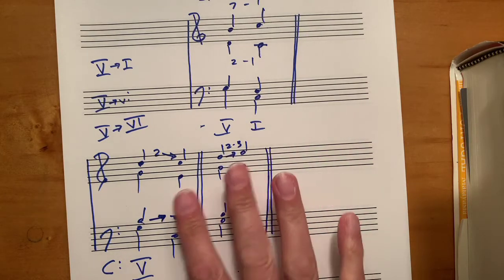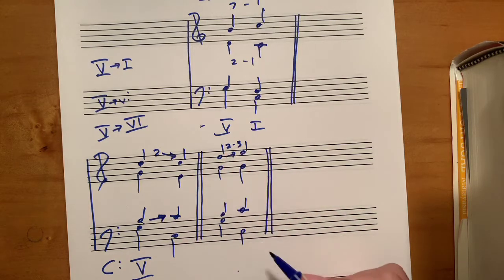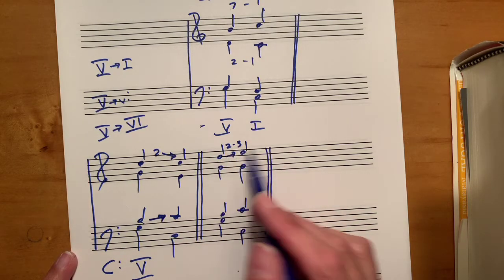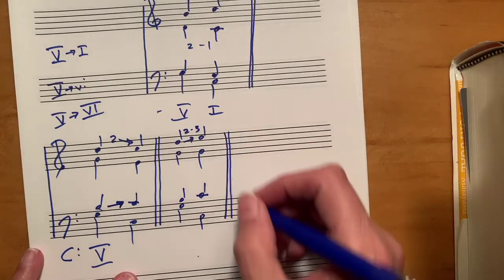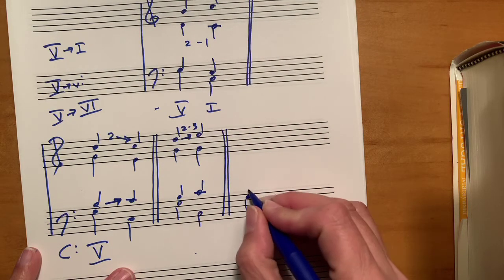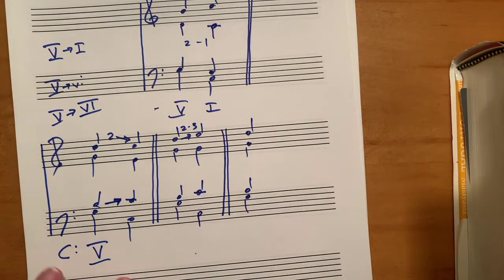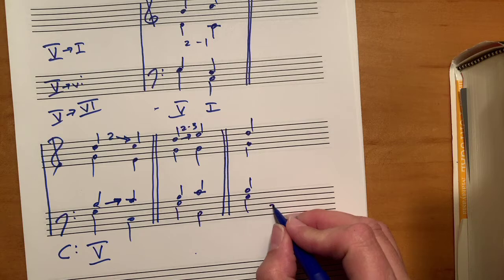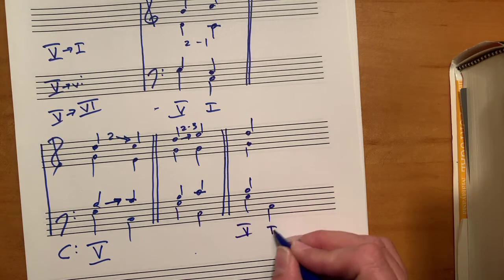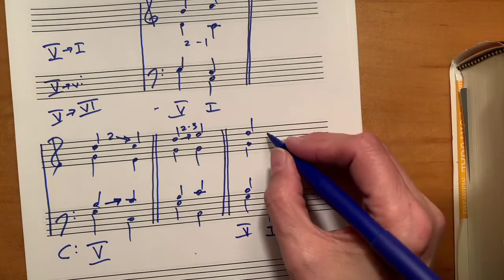And if we rearrange the voices, so this was in an inner voice, it wouldn't be very obvious that that happened. Now let's look at this. This is another option. Okay, so we're going from 5 to 1.